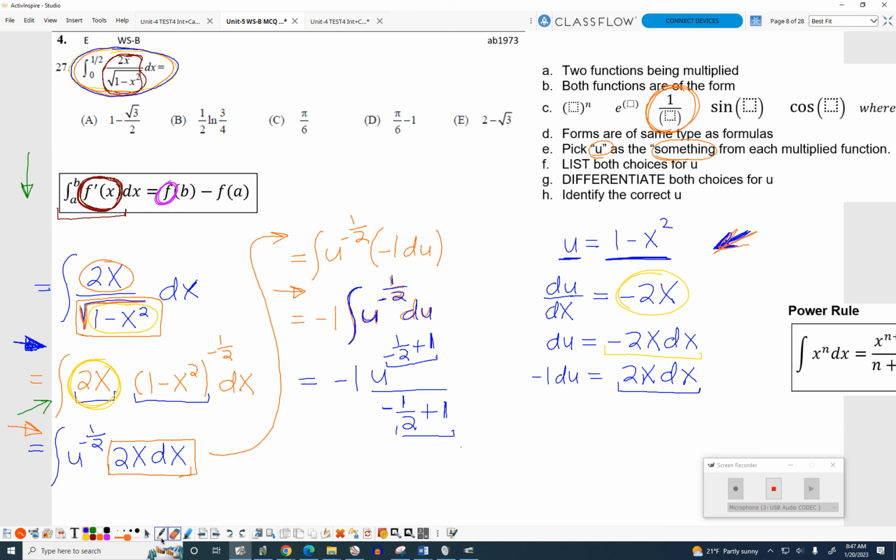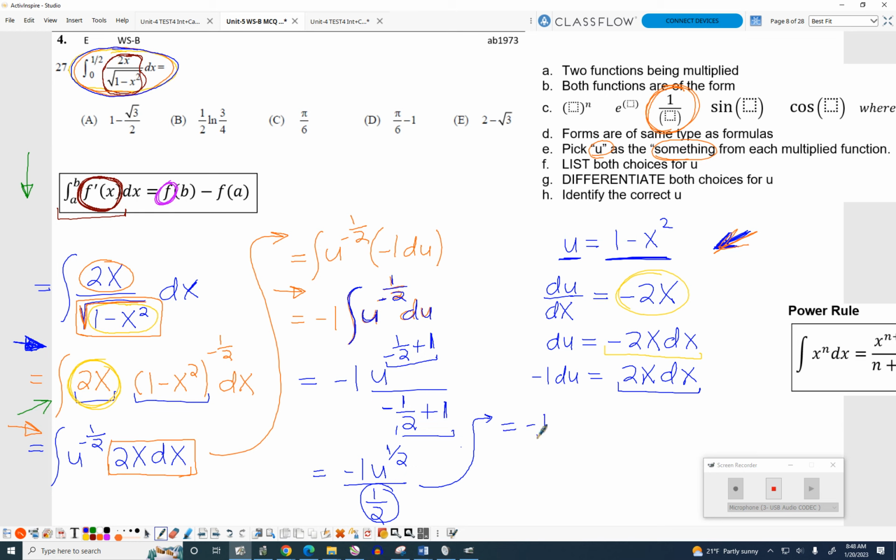So what I have is, 2 points for Blake, good question. I have -1, u to the positive 1/2 power, and the whole thing is divided by 1/2. Are you okay with that? Yeah. Perfect. 1/2 power means square root. Dividing by a fraction means multiply by that fraction's reciprocal.